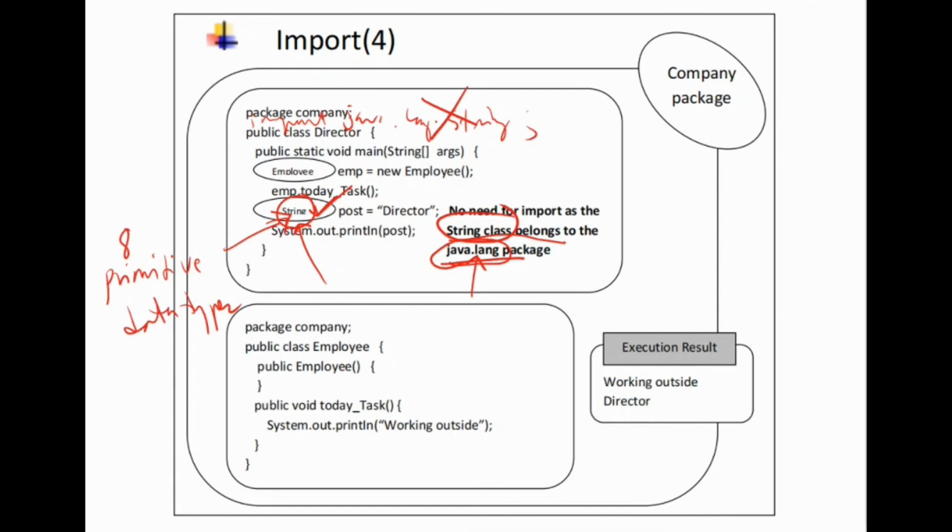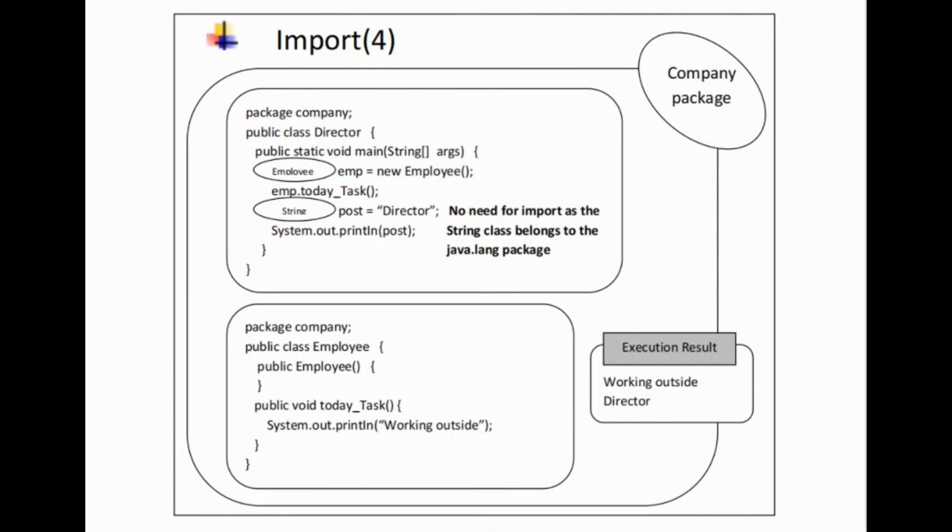And the second case is when the called class belongs in the same package as the caller class. So in this case, director is the caller class and employee is the called class.